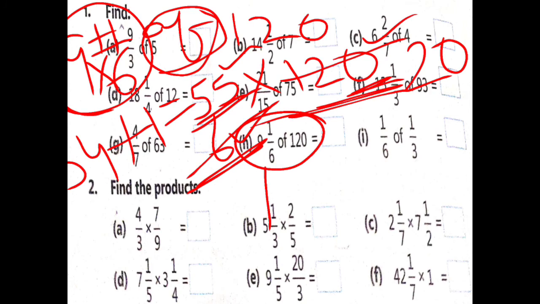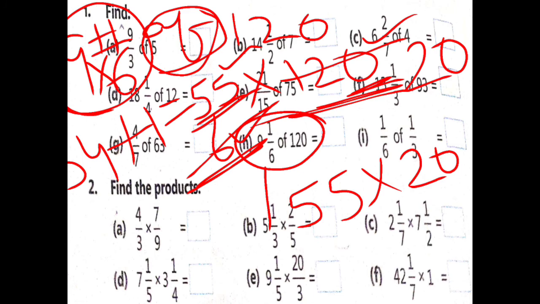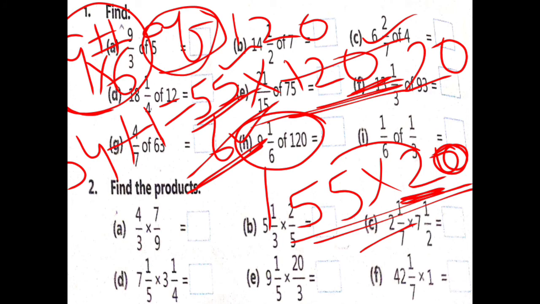So we have two terms, 55 multiplied by 20. When we multiply a number by a 0 number, directly write the 0 and multiply the remaining portion by 2. 2 fives are 10, 1 carry. Again 2 fives are 10 and 1 carry makes 11. So 1100 is the final answer.